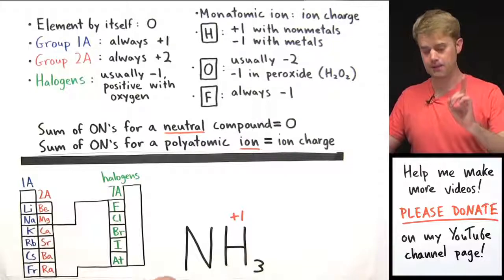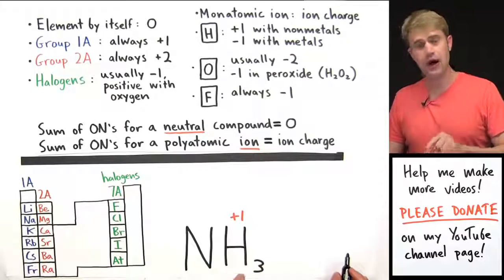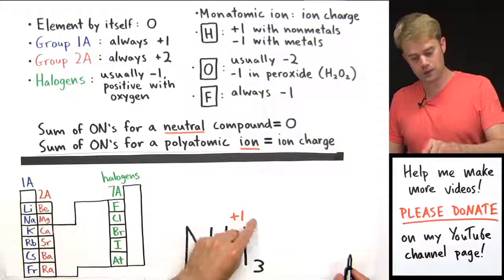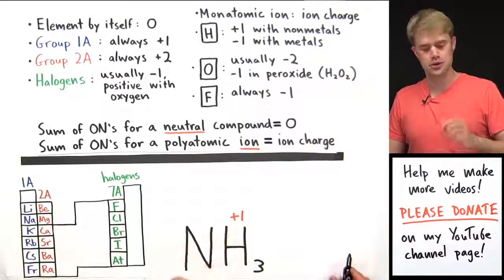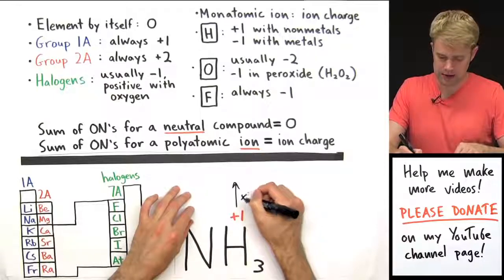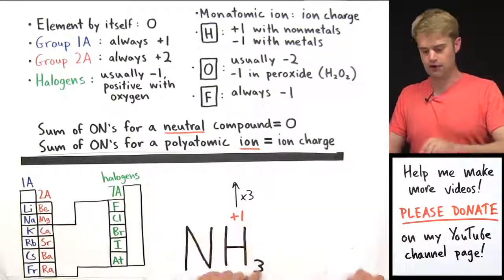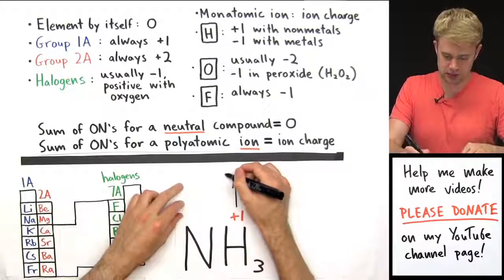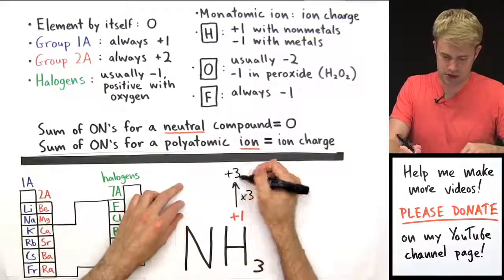But there are 3 hydrogens. Each one of them has a +1. So what we have to do is multiply this +1 times 3 for the 3 hydrogens, and that's going to give us +3.